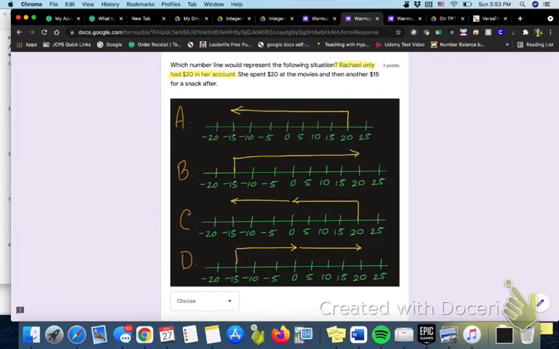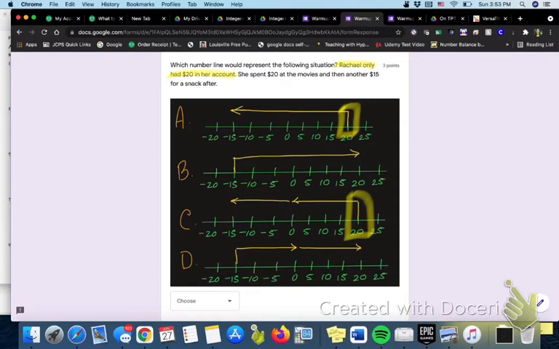I can see that option A starts at 20 and then it moves in a particular direction, which we'll talk about in a minute. But A is a possibility because it starts at 20. And C is also a possibility because it starts at 20 and then moves in another direction.